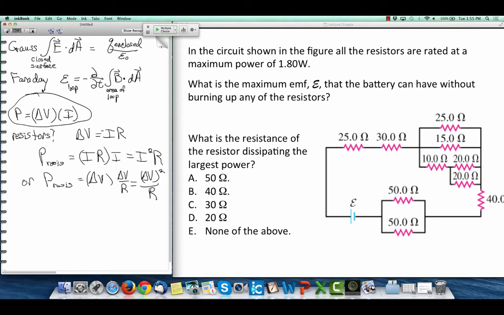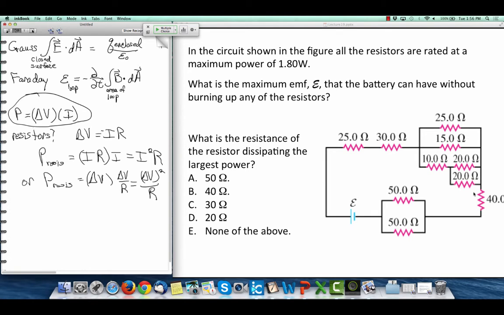But for a resistor, delta V is minus IR, and so I know delta V, and so I can plug in either for delta V, that IR, or I can plug in for I, delta V over R. So these P's, these powers here, are just for resistors. So you can find the current right away, the maximum current through this 40 ohm resistor, and that's the current in this circuit.